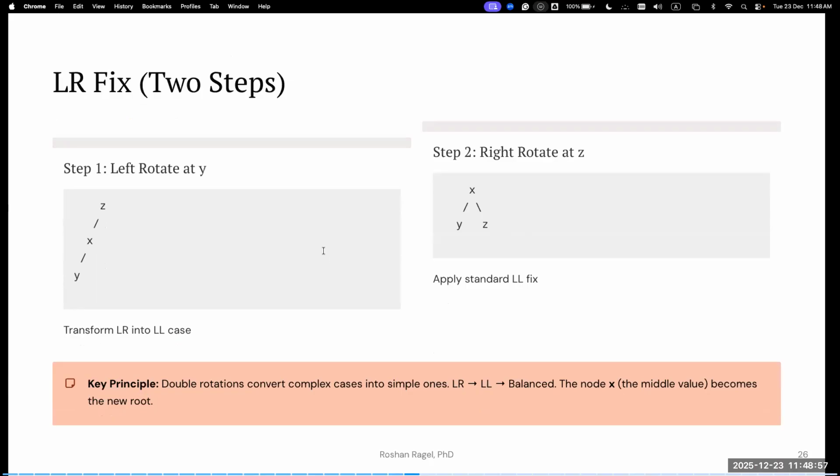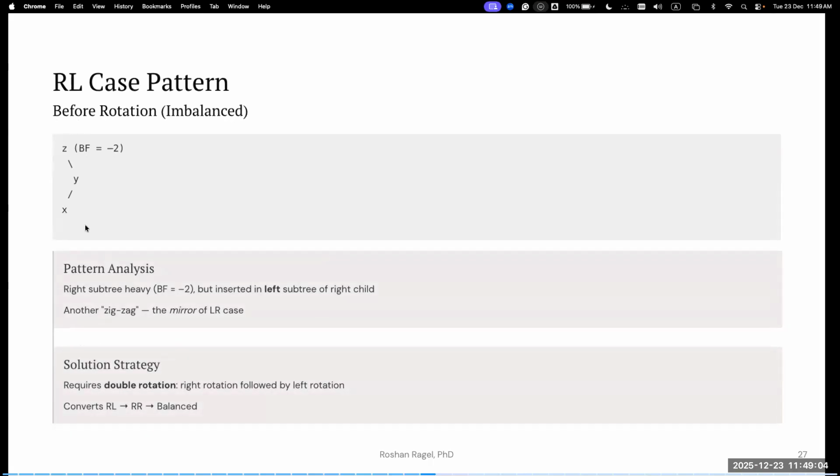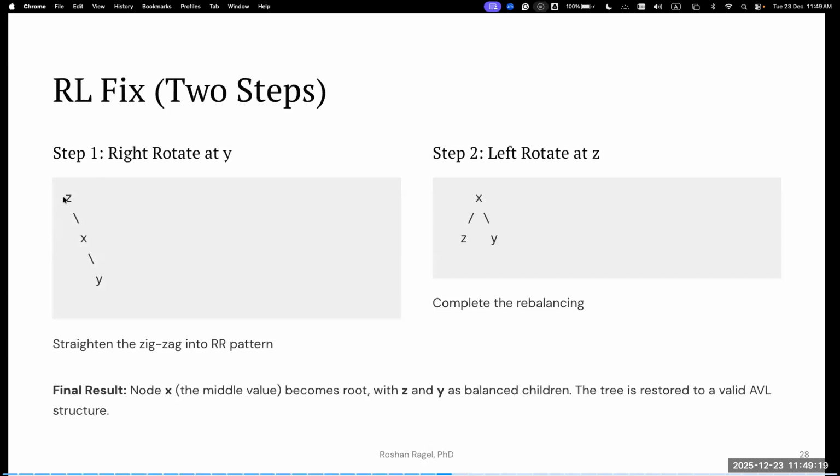Right, I will not explain the opposite of this because it's just a mirror image. If I have it on the other side, I'll do the two rotations just the opposite way. I'll do a right rotation to make it an RR problem, right subtree, right node. If it's an RR problem, I'll do a left rotation. That's what I had done second.